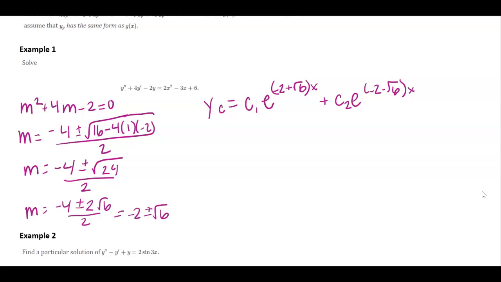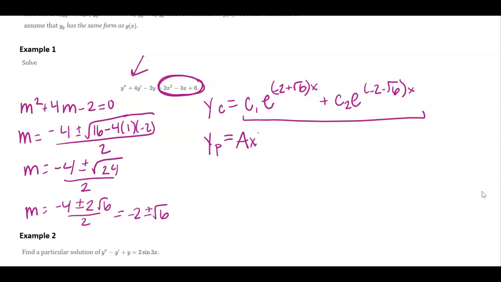The next piece that I need to go in and find is this right-hand side, because if I were to plug the complementary function into my differential equation, then no matter what c1 and c2 are, this would end up being equal to 0. So I'm going to choose yp to be of the form ax squared plus bx plus c.